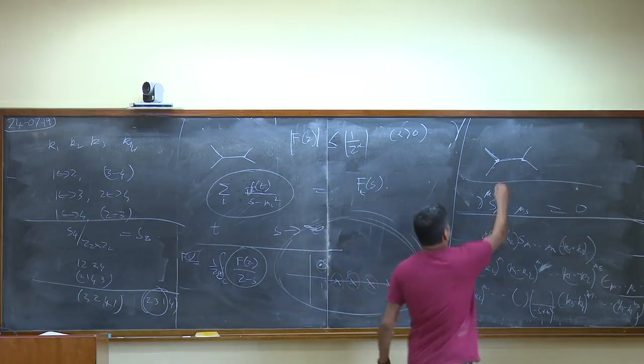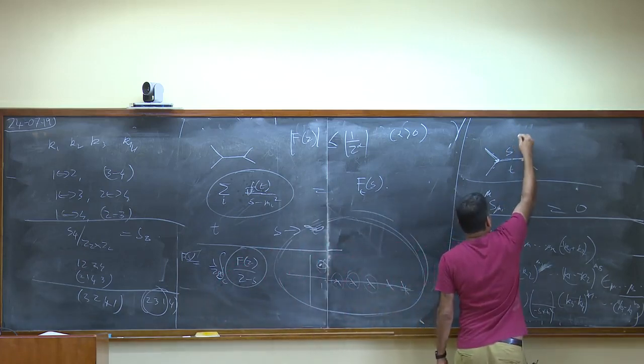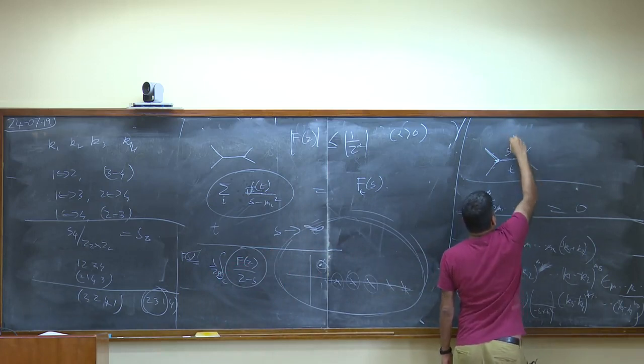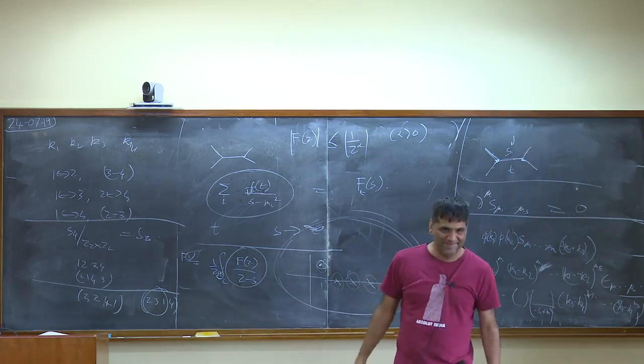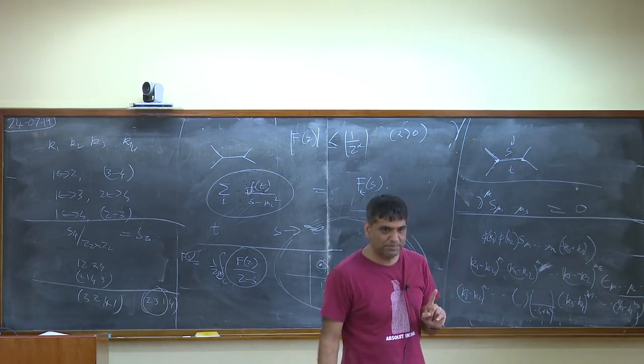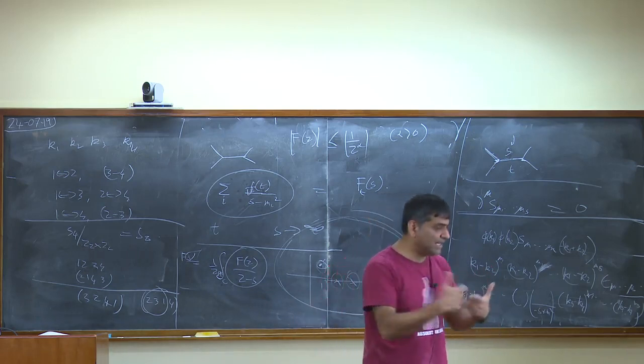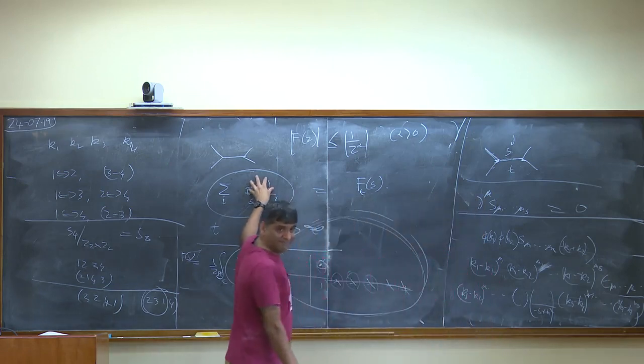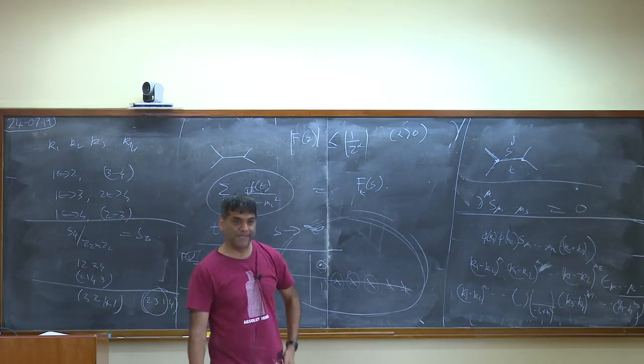So if you've got a pole like this here, the maximum power of s that can appear is s to the power j, the spin of the particle. Is this clear? So scattering with a spin j particle intermediate, the residue here cannot grow faster than t to the power j.